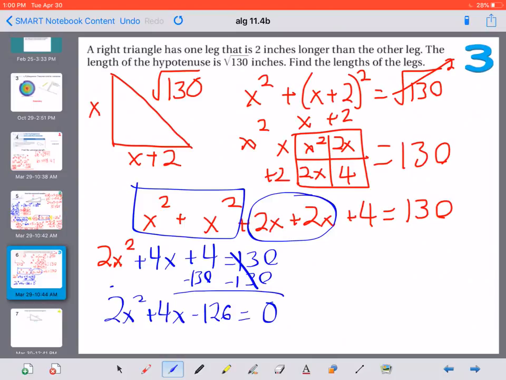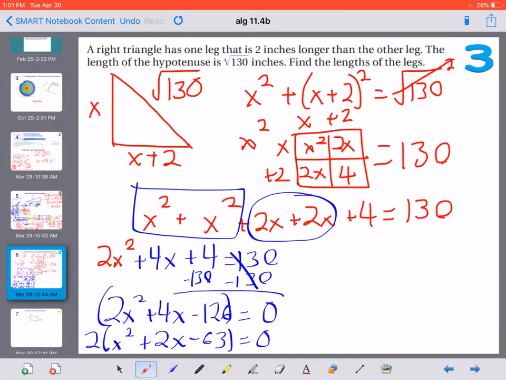What I see is I can factor out a 2 from everything. So I'm going to take 2 out, so I get x squared plus 2x. Now 126 divided by 2 is going to give me a negative 63 equals 0.